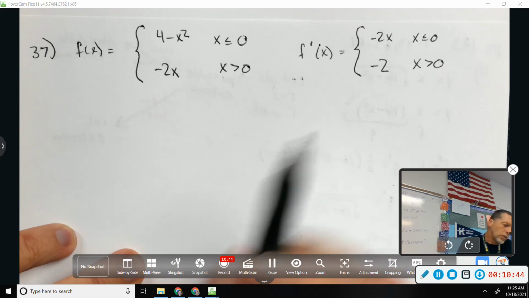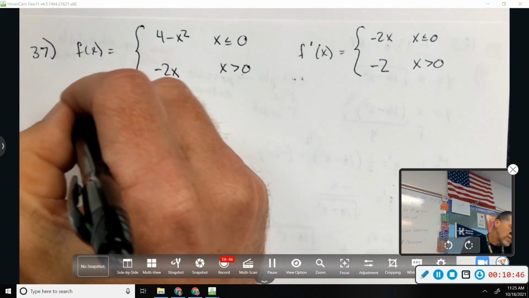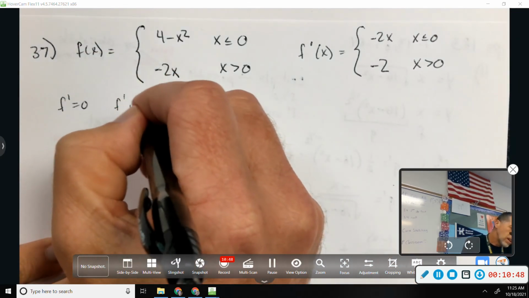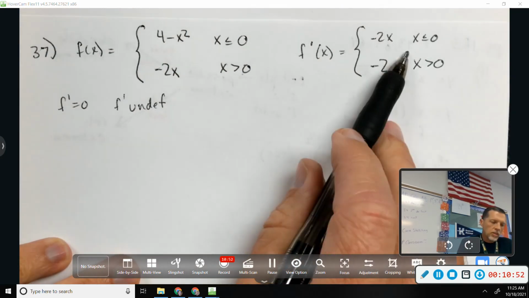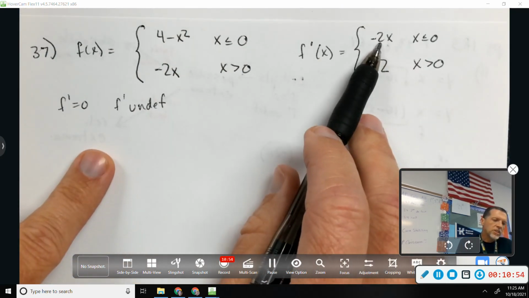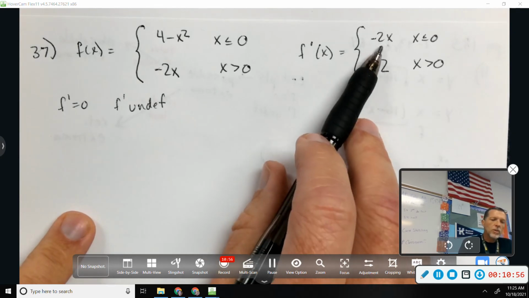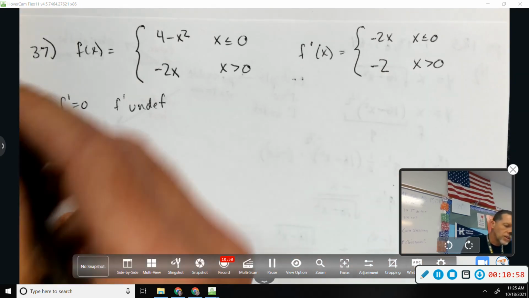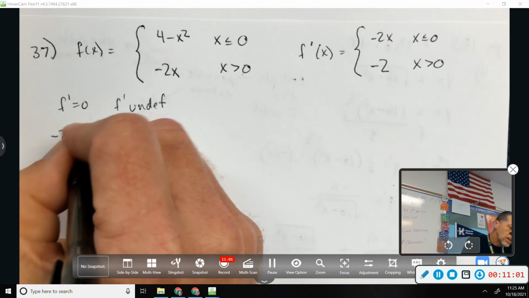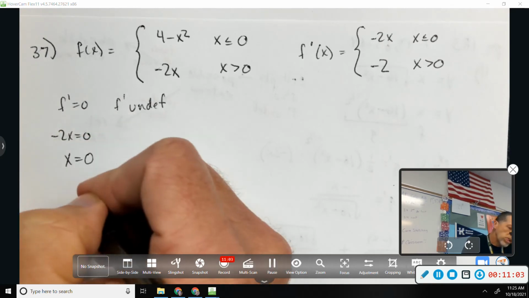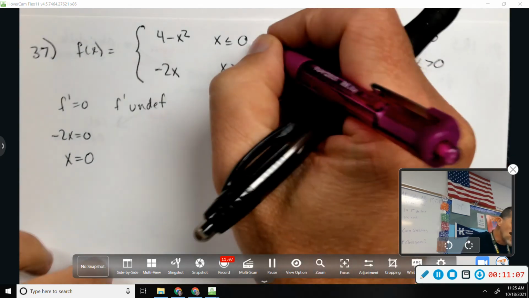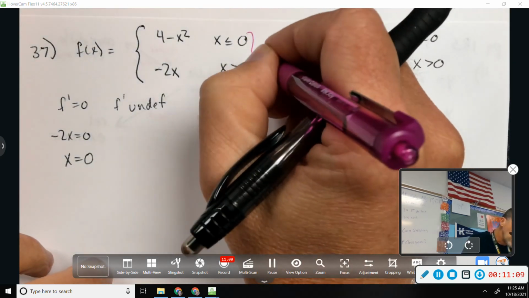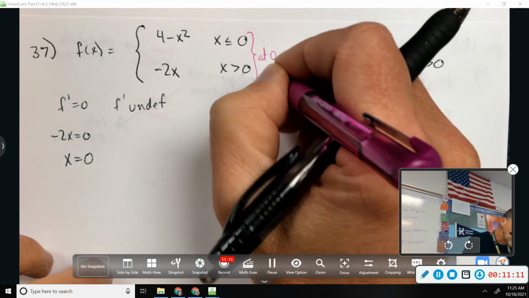So I want to know where f prime is 0 or undefined. The only place it's equal to 0 is at 0. Now, I need to be super careful at 0 because there could be a cusp.